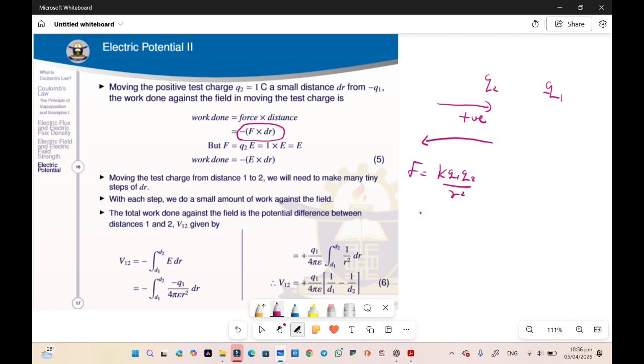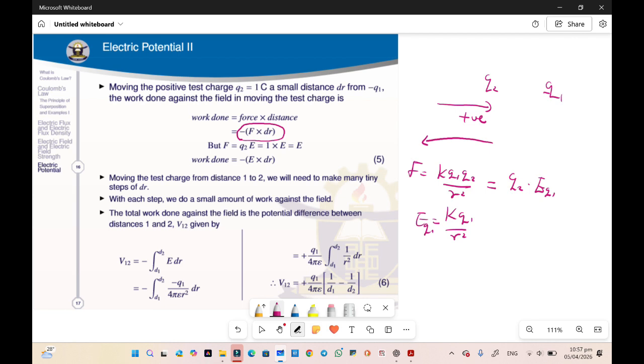And the electric field, say, for Q1, is equal to k q1 over r squared. This implies that the force between Q2 and Q1, from the example that we have shown so far, will be equal to Q2 times the electric field of Q1.